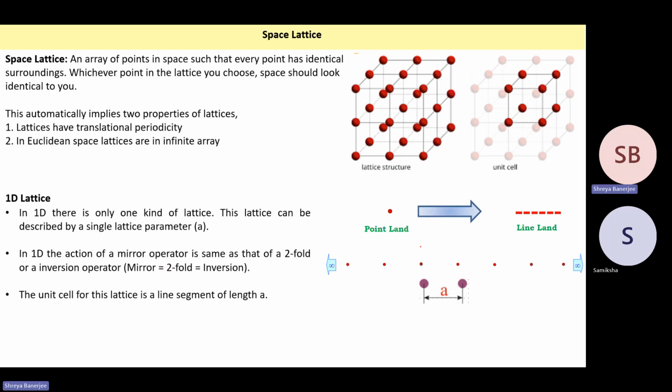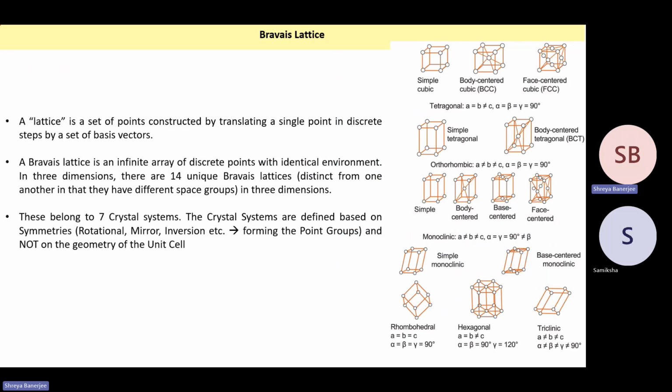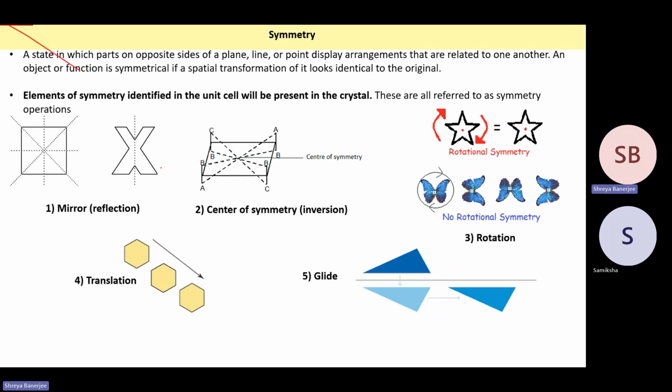Imagine between two lattice points you have an inversion point. Inversion point means you come to this line and extend it equally in the opposite direction, and if you meet a similar point there, then this is your inversion point. This is not clear. I'll go to the example directly.